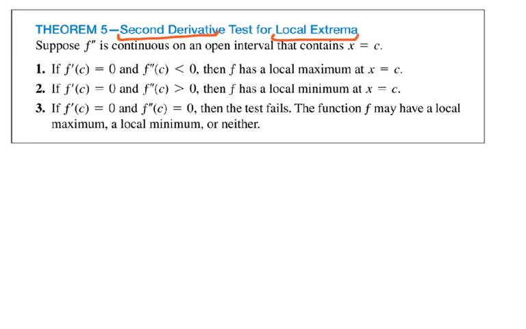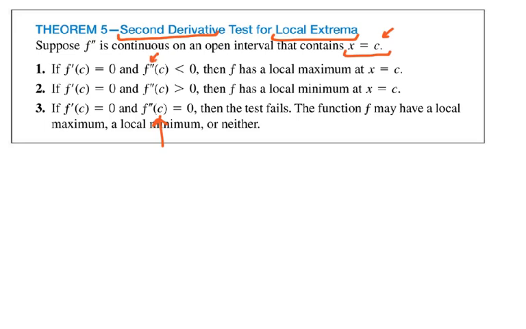So if we know we have a critical number c, right? c is my critical number, and we're dealing with a second derivative that's continuous on an open interval, c exists on that interval. So f prime of c equals 0, that's just saying I have a critical number. And if I test the critical number in the second derivative, right?